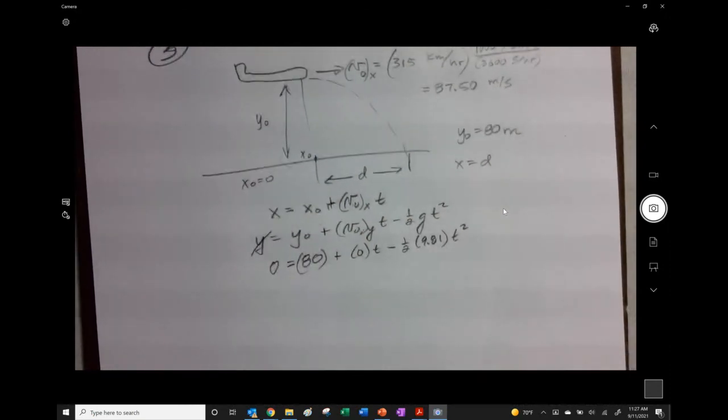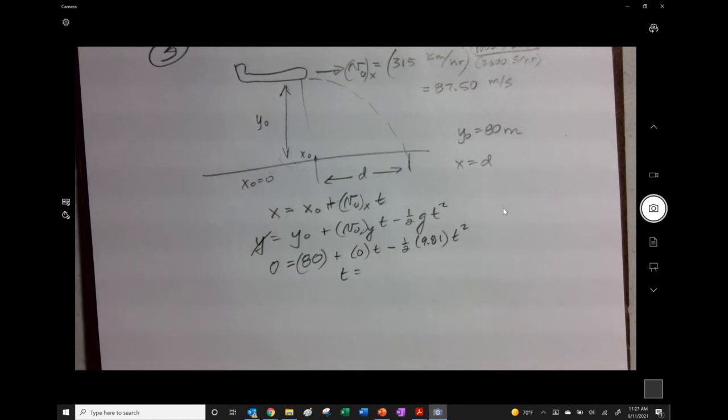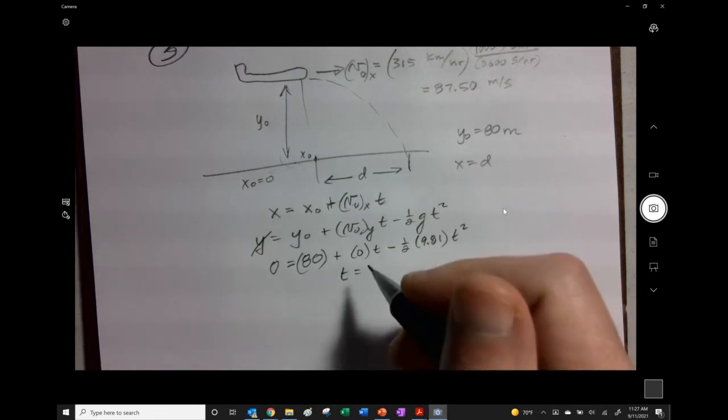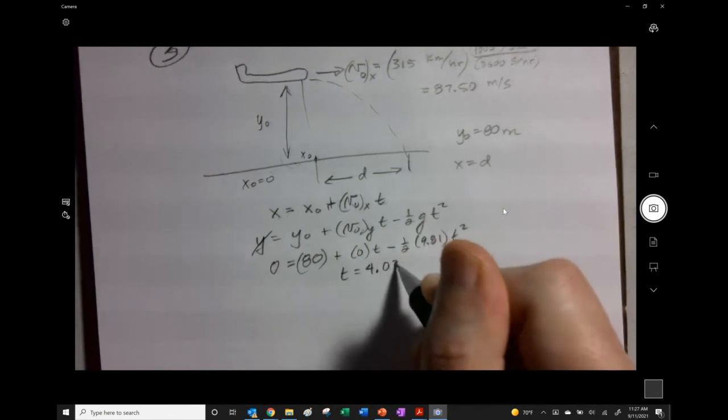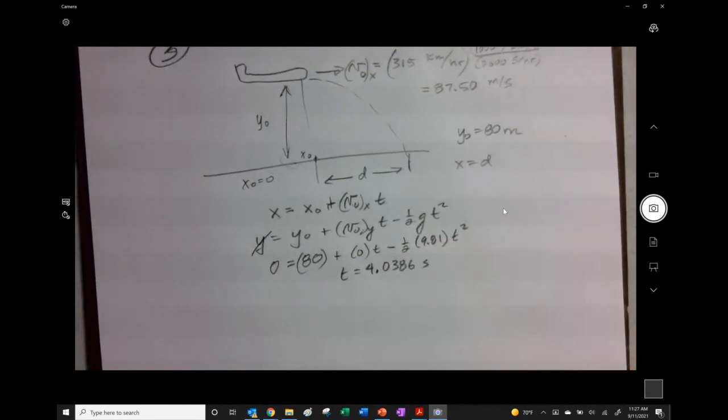We could just solve for time: 80 times 2 divided by 9.81, and take the square root. It's going to hit the ground at 4.0386 seconds.